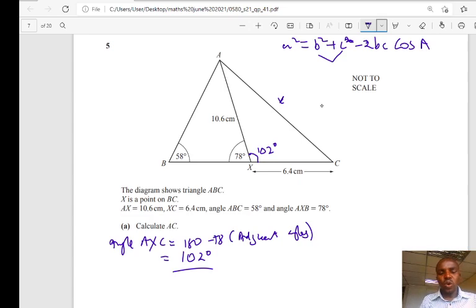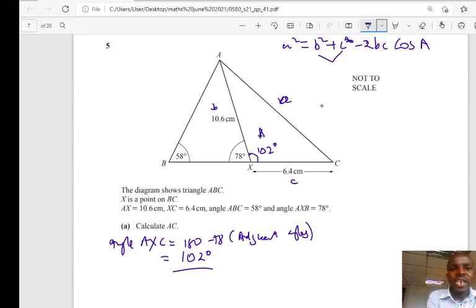So the angle is 102. The sides which make up the angle, they are there, AX and XC. So you can use cosine rule in this case. By cosine rule, this one will be your a, and this one and this one will be your b and your c, and this one will be your angle A.